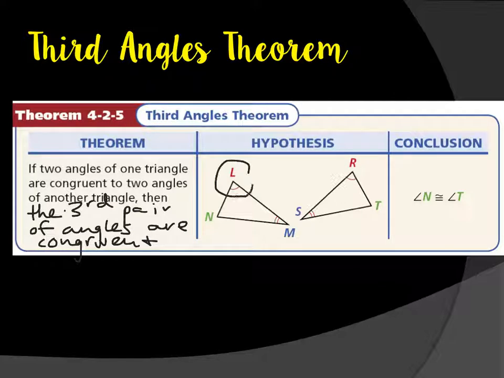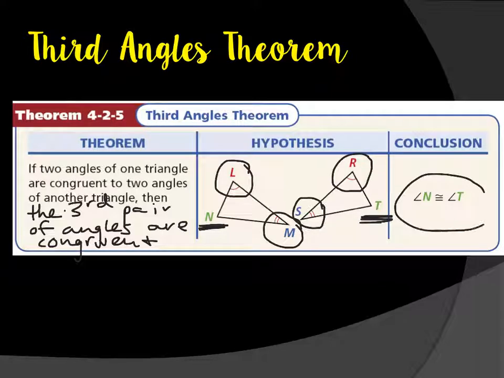So if we have angle L is congruent to angle R in our second triangle, and angle M is congruent to angle S in our second triangle, therefore angle N is congruent to angle T in our second triangle.